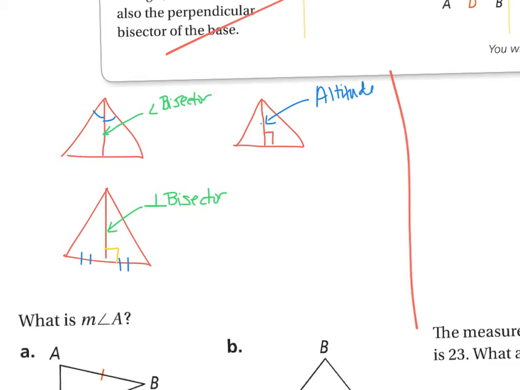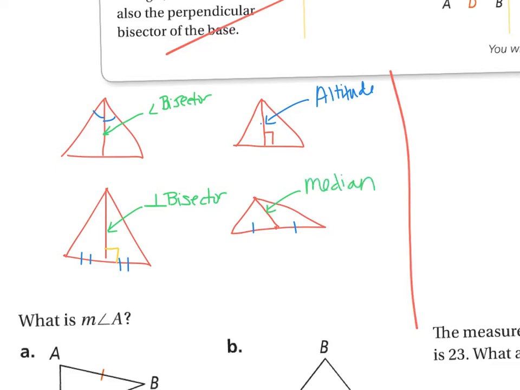Okay, there's another one that I'm going to draw this triangle a little bit different. It's really easy to get altitude and this one confused. So I'm going to draw it something kind of like this. This one will be a little bit different. This is going to be whenever you go from the vertex and you go to the opposite side, and it cuts the opposite side in half. So it makes two equal segments. This is called the median.